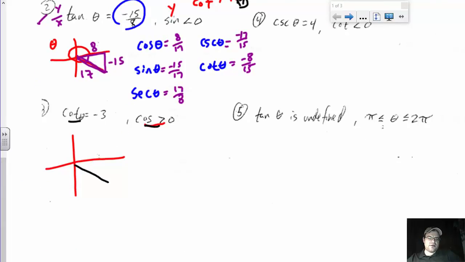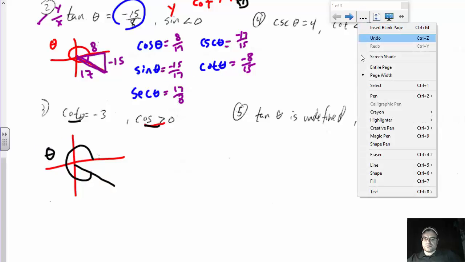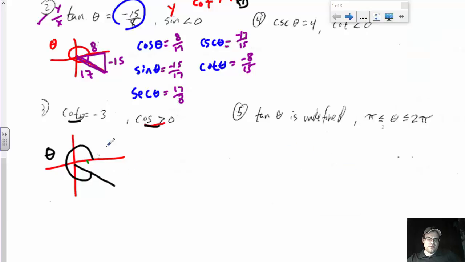Yay for us, right? So we have this theta angle again, which is some random angle I don't really know the magnitude of. So what I have now is a reference angle of some sort, and then I'll have a right triangle right here. The cotangent is the x over the y.